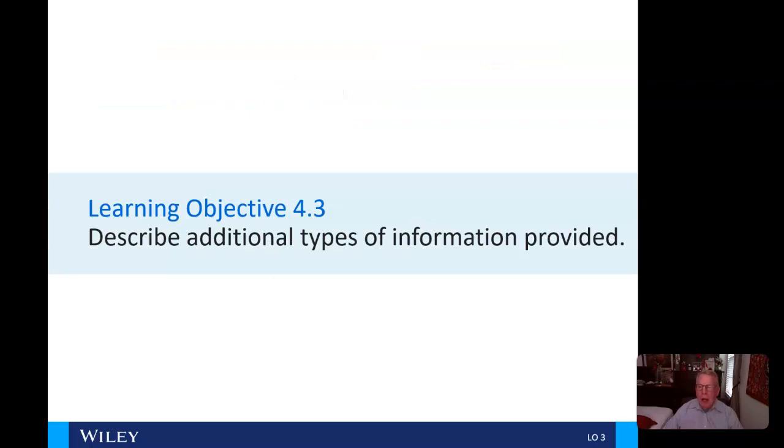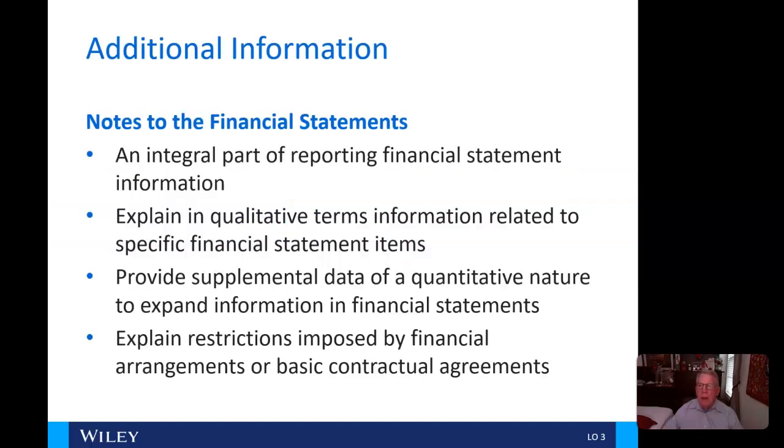Now we'll take a look at describing additional types of information that are provided. Notes to the financial statement. Here, that's an integral part of financial statement information. There's lots of items that in the interest of fair disclosure, we have to report by way of a note, and it explains in qualitative terms information related to the specific financial statement items.